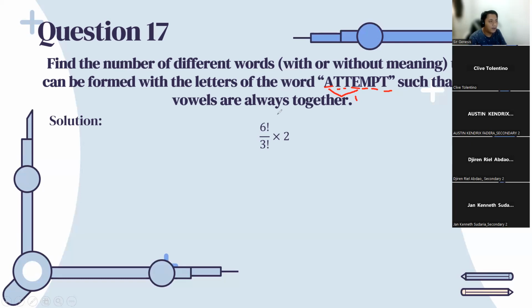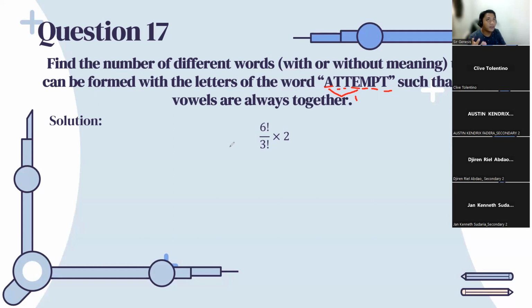Now, we are still not done, because even though we have arranged all of this, take note that A and E are in a group. That means they have their own possible arrangements as well.